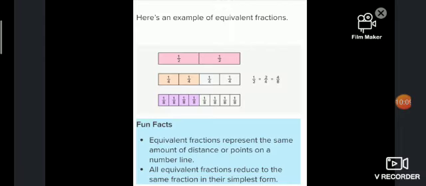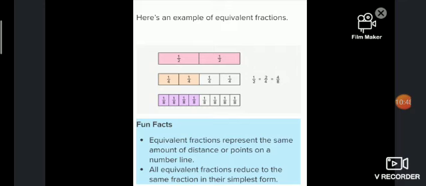Here is an example of equivalent fractions. If you cut one piece of paper into two equal pieces, that will be the fraction half and the other part will be half. If you cut that half into one more piece, that will be the fraction 1 by 4th. In the same way, if you divide that half into two pieces, that will be 1 by 4th and 1 by 4th.